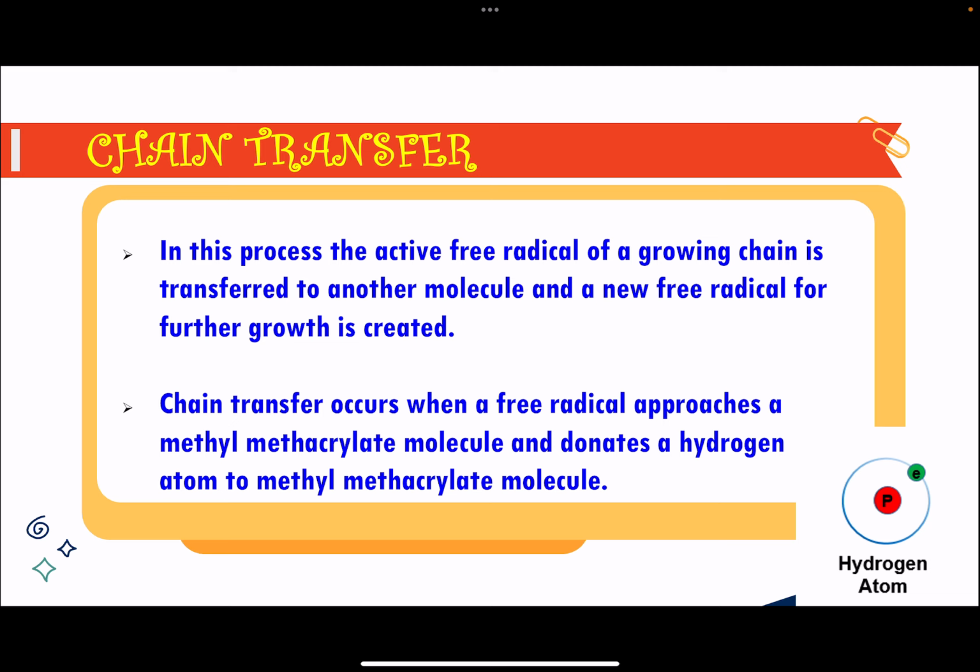Chain transfer. In this process, the active free radical of a growing chain is transferred to another molecule and a new free radical for further growth is created. Chain transfer occurs when a free radical approaches a methyl methacrylate molecule and donates a hydrogen atom to the methyl methacrylate molecule.